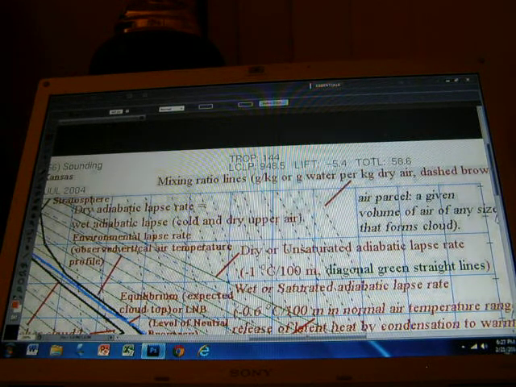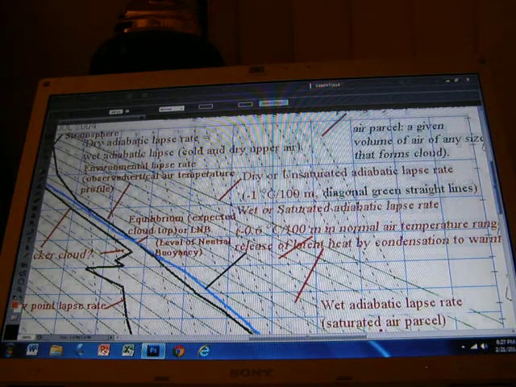Minus simply means the temperature drop. This is because the saturated air parcel has already condensed, which will release the latent heat to warm up the air. Temperature still drops, but only by 0.6 degrees Celsius.